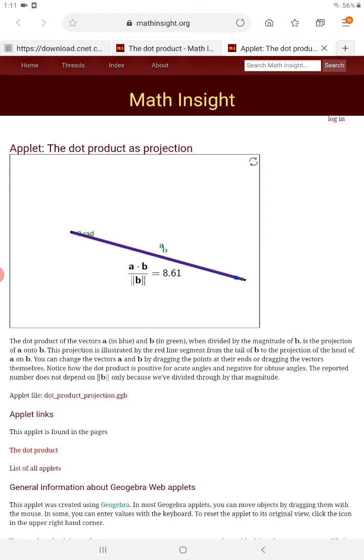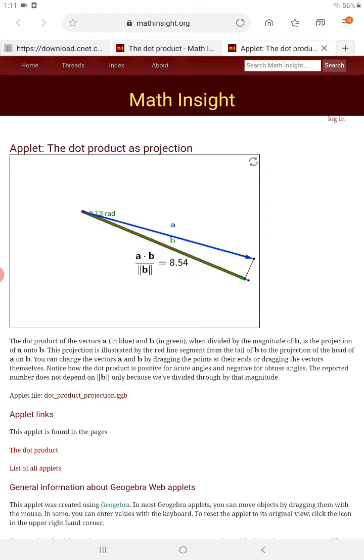Now what would happen if these two vectors were perpendicular? I'm going to take vector a back here until it is approximately 90 degrees with vector b.